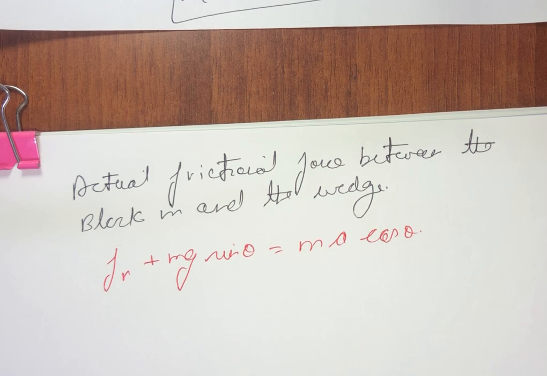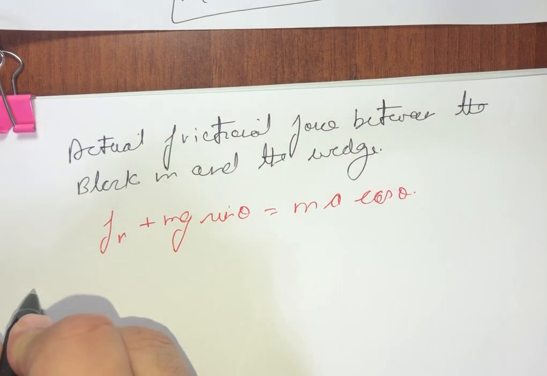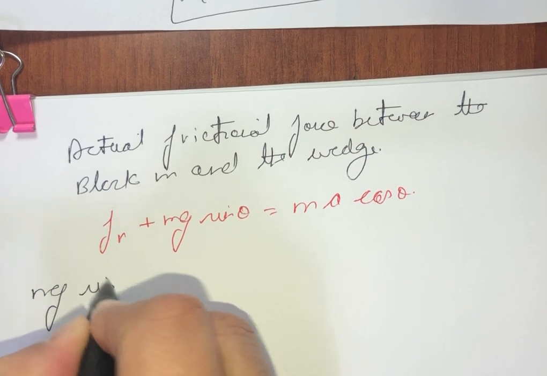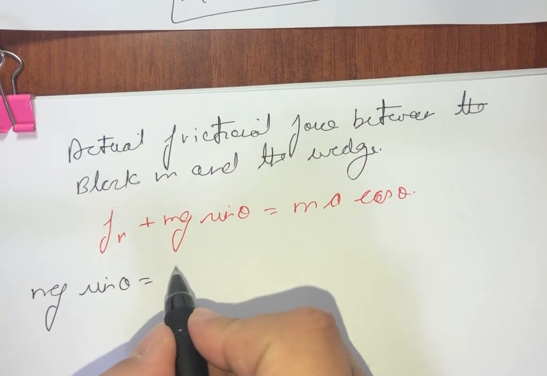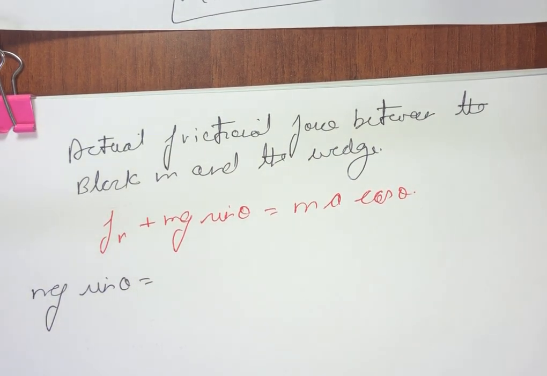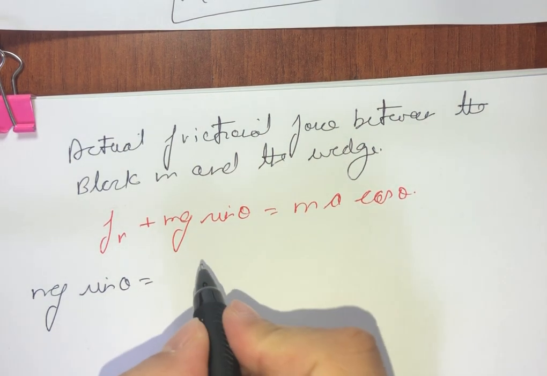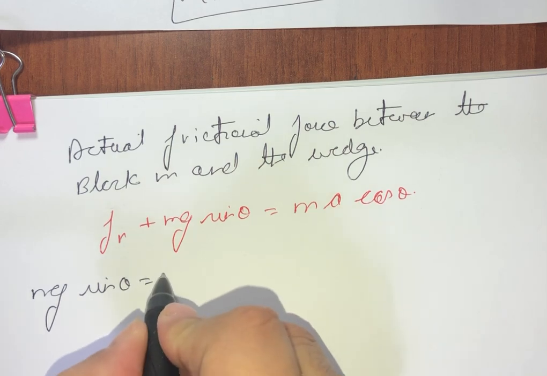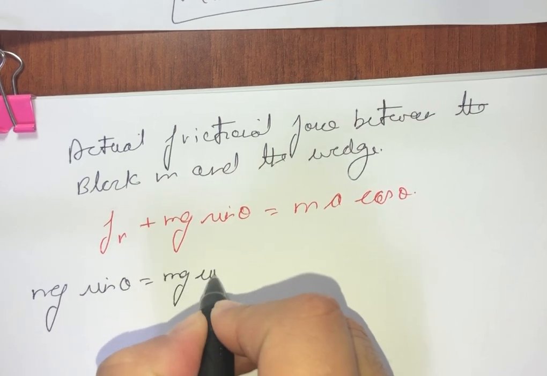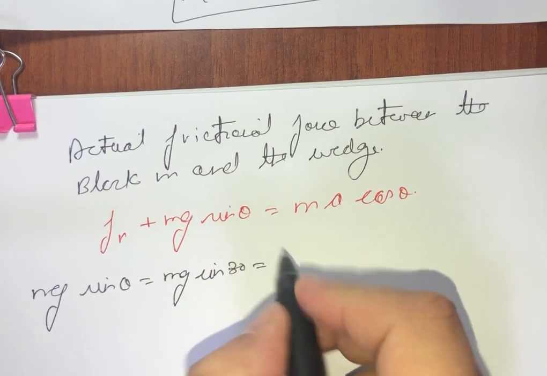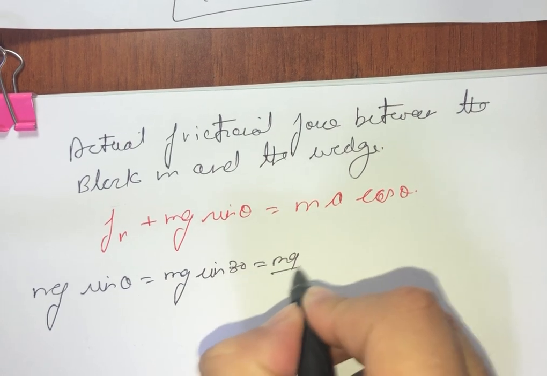Once again let's find the values. mg sin theta will be equal to mg sin 30, and that will be equal to mg divided by 2.